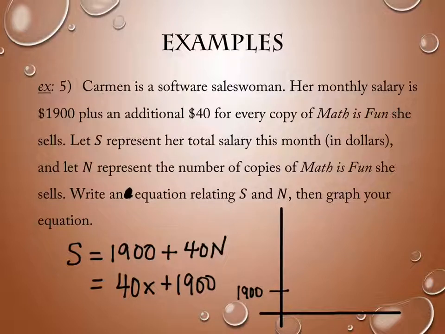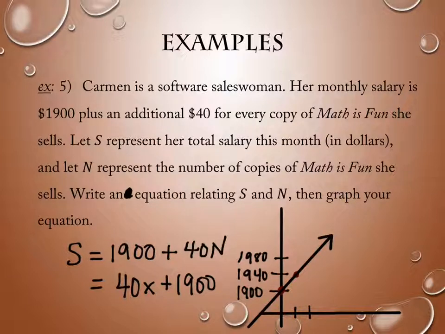And then you're going to increase for every one on the x-axis, or one sale, you're going to increase $40. So this would be 1940 on the y-axis. If you wanted to do a second point, you would have 1980, right? And so on.